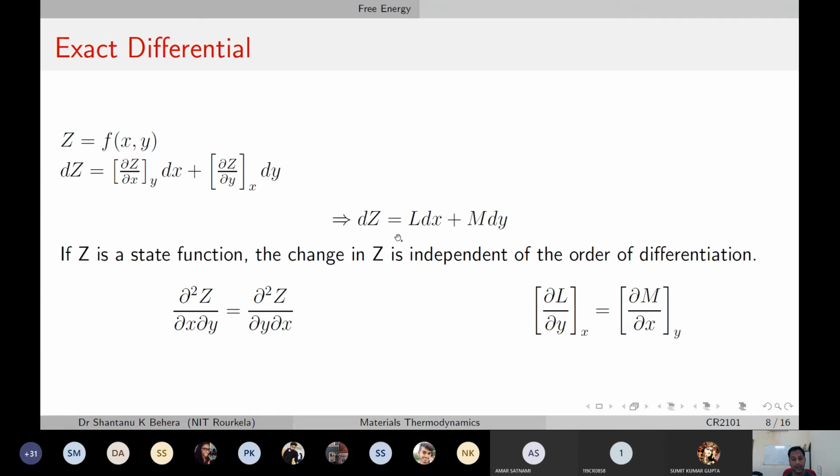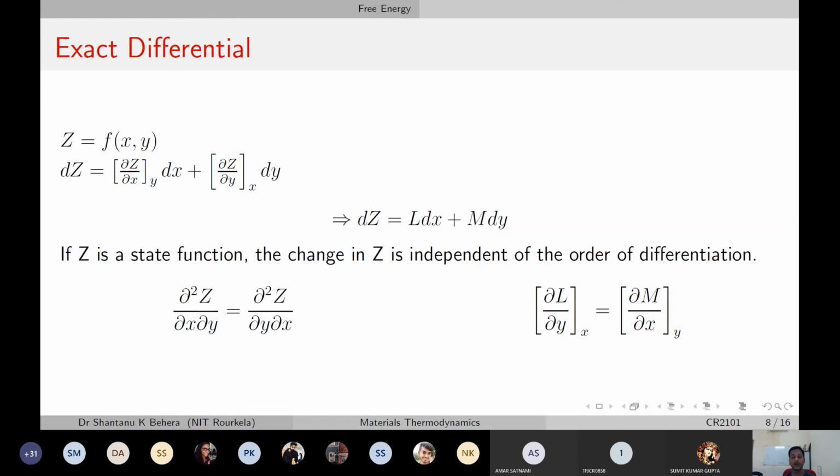And if this is so, and this z is a state function, that means it's order agnostic in differentiation, then we can write del L by del y at constant x is equal to del M by del x at constant y. Okay, this is a mathematical proof. If you want to get deeper into that, we can do that at a later time.